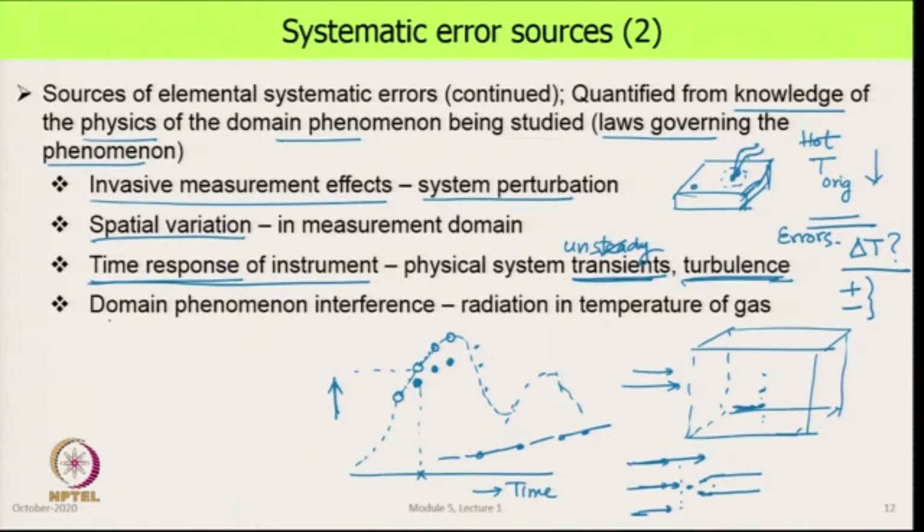The fourth cause I put here is what is called as domain phenomena, which interfere with the measurement, and an example of that is the radiation effect while measuring a temperature. The very simple example of this is, say we have an instrument, say a thermometer or a thermocouple, and we want to measure the air temperature.